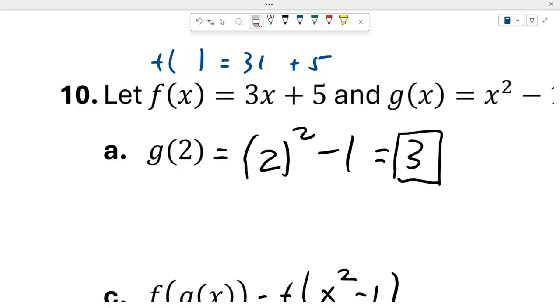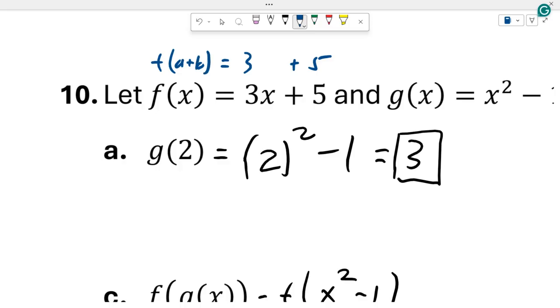So here, I'll write this, right? It could be f of t, right? Which would then be 3t plus 5, right? It could be f of theta, and then it would be 3 times theta plus 5, all right? But it can also be something like f of, let's say, a plus b.